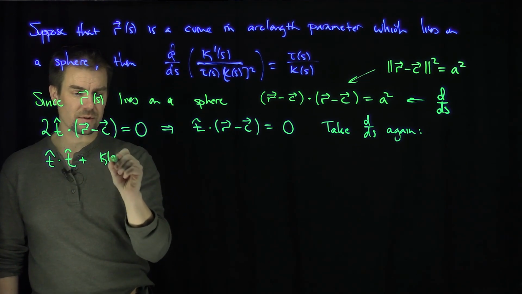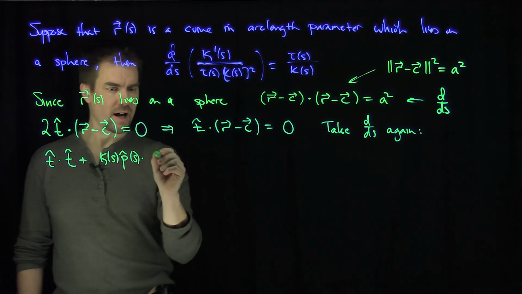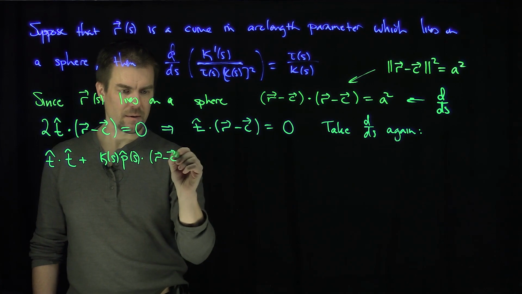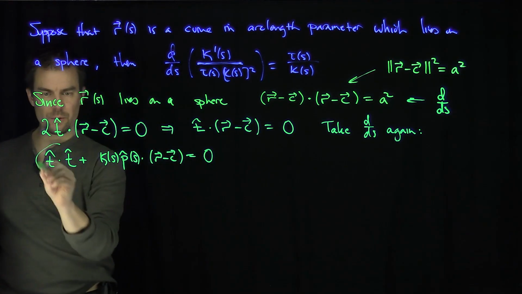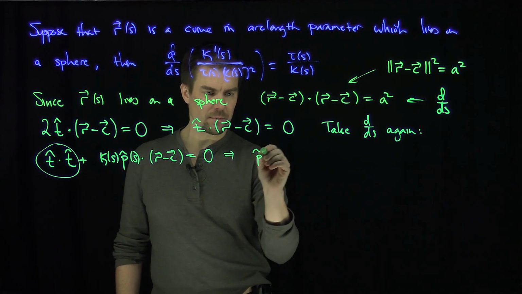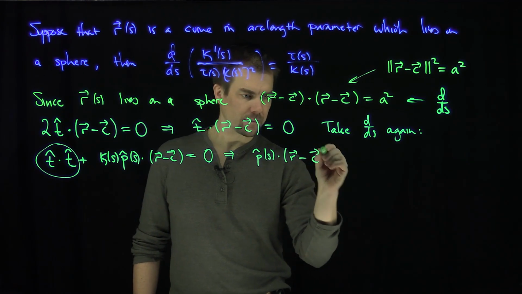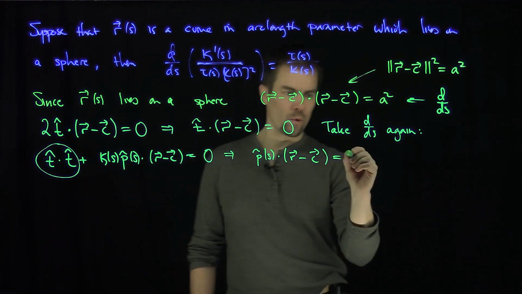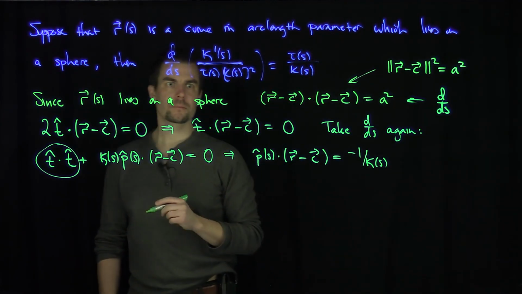It's the curvature of s times n hat of s, dot (r minus c), is equal to 0. Of course, t hat dot t hat is equal to 1. And so this tells me that n hat of s dot (r minus c) is equal to negative 1 over the curvature of s.